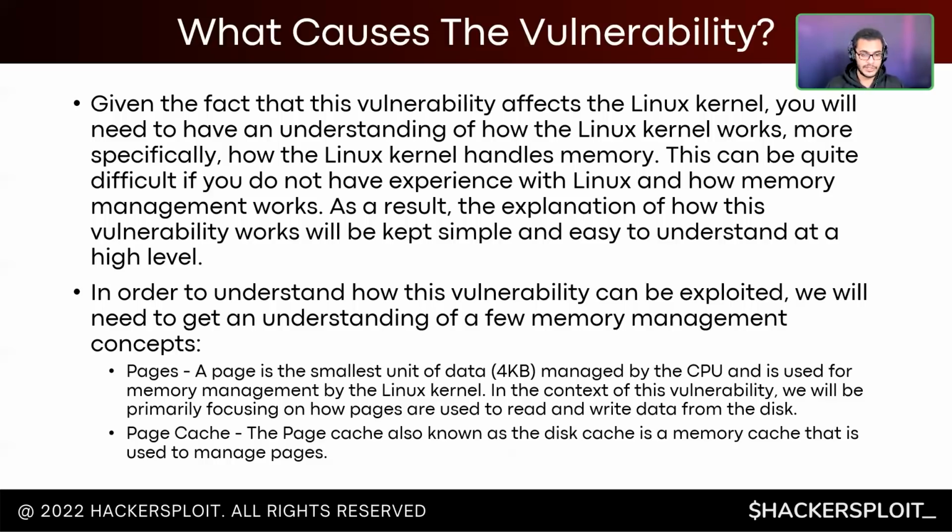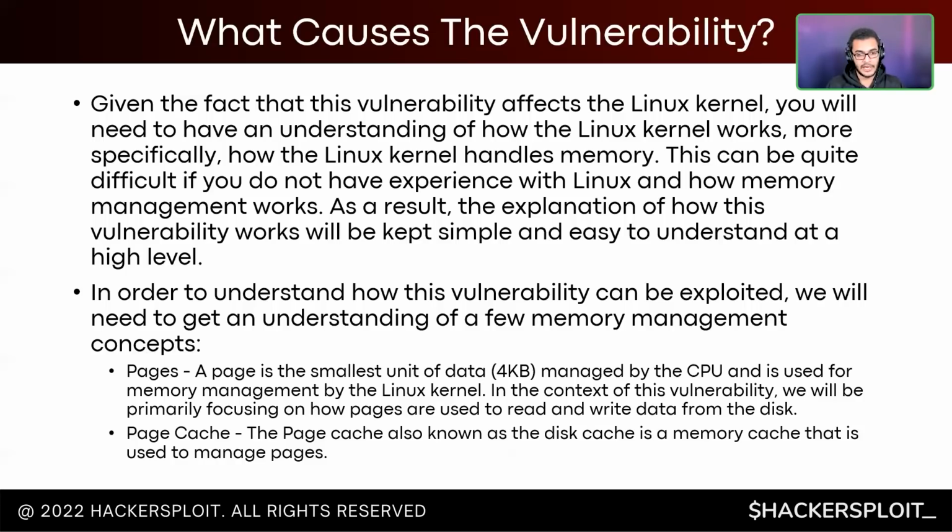The first of which is a memory page, or just a page as it's called in the context of Linux. A page is the smallest unit of data, typically around 4 kilobytes, that is managed by the CPU and used for memory management by the Linux kernel. In the context of this vulnerability, we will primarily focus on how pages are used to read data from and write data to the disk.